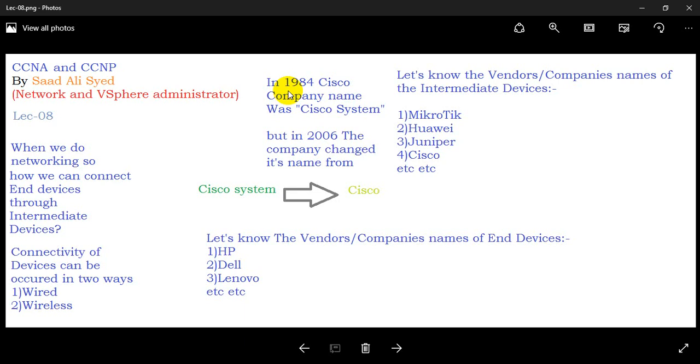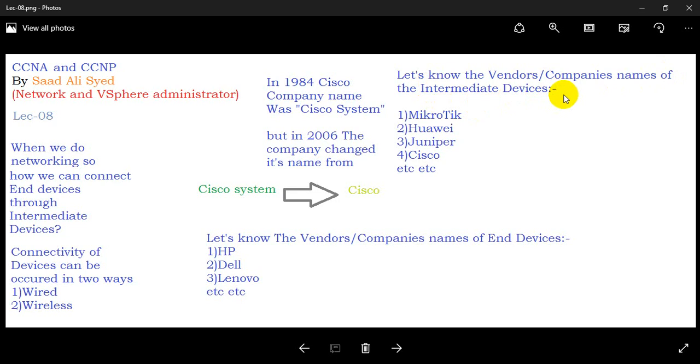Remember this point. Again, I'm repeating: in 1984, the company name was Cisco Systems, but after 22 years, in 2006, the company changed its name from Cisco Systems to Cisco. Let's move forward. Let's know the vendors or company names of the intermediate devices.